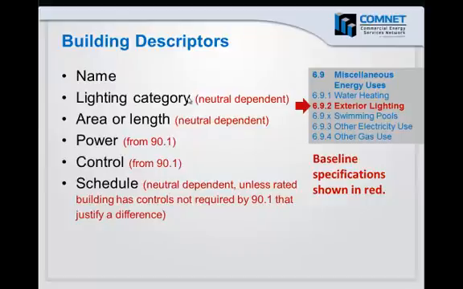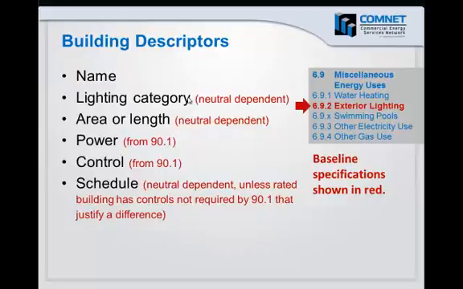That's neutral dependent. However, the power and the control are taken from 90.1. So you could have reduced power in your rated building, and get some credit for that.